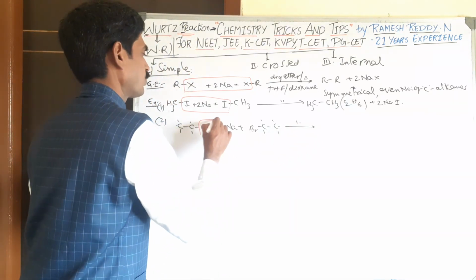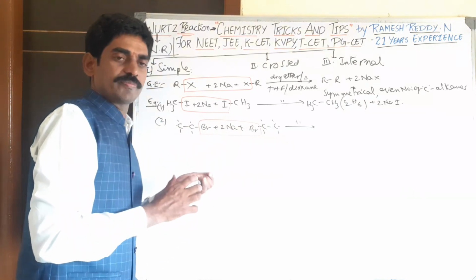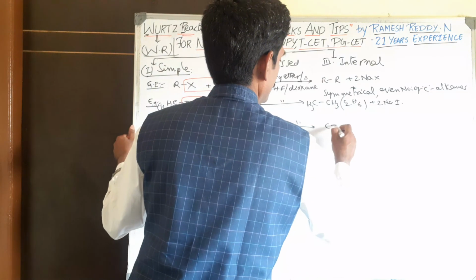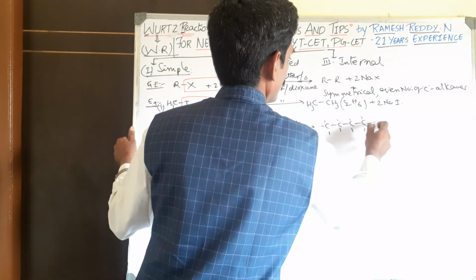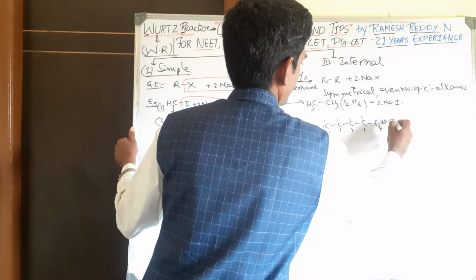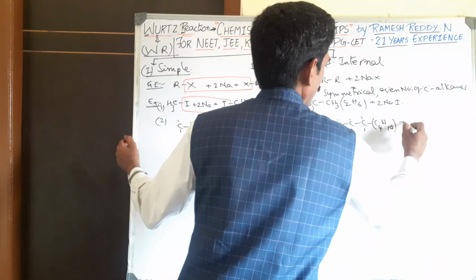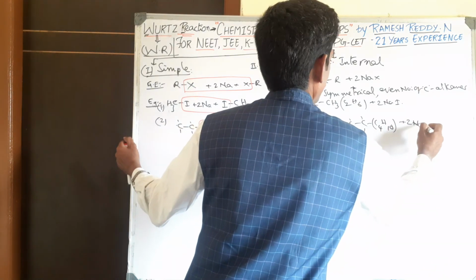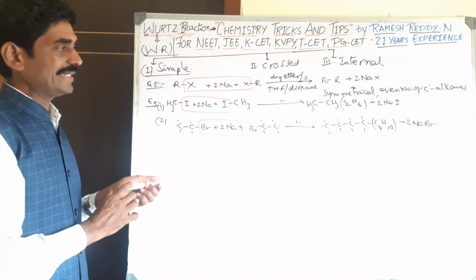Then it removes sodium bromide and this ethyl group combines with the other ethyl group. Then we will get a 4 carbon alkane, that is C4H10, butane, by the removal of sodium bromide. Is it clear? Okay.